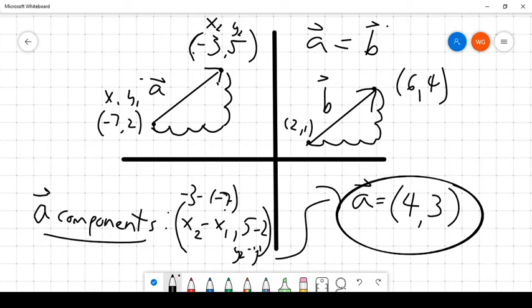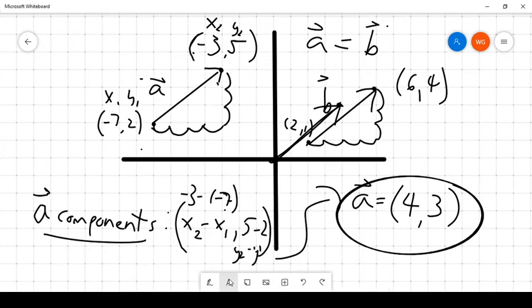I would start at the origin, move 4 units right, and then 1, 2, 3 units up, and draw vector A as a position vector, which means that the vector starts at the origin. And once again, I could call that vector A, or I could call that something else, because it is equivalent.